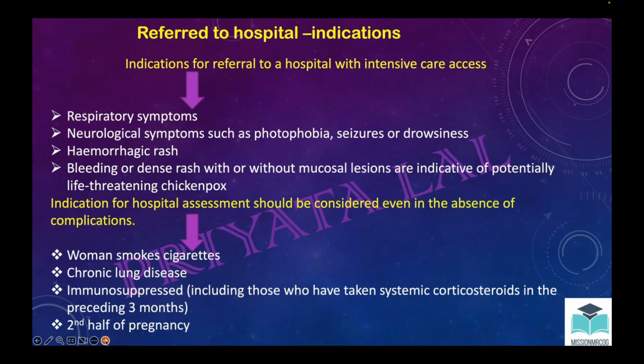Okay. Now, in another situation the patient would require hospital assessment. The patient has no complication, but hospital assessment would be required. Which conditions? When the woman is a smoker, has COPD or chronic lung disease, or is immunosuppressed, that means has taken steroids in the last 3 months, or is in the second half of pregnancy. Recently in a few exams this chickenpox station has been coming, and I know that people make mistakes. In every chickenpox patient, they want to admit the patient.